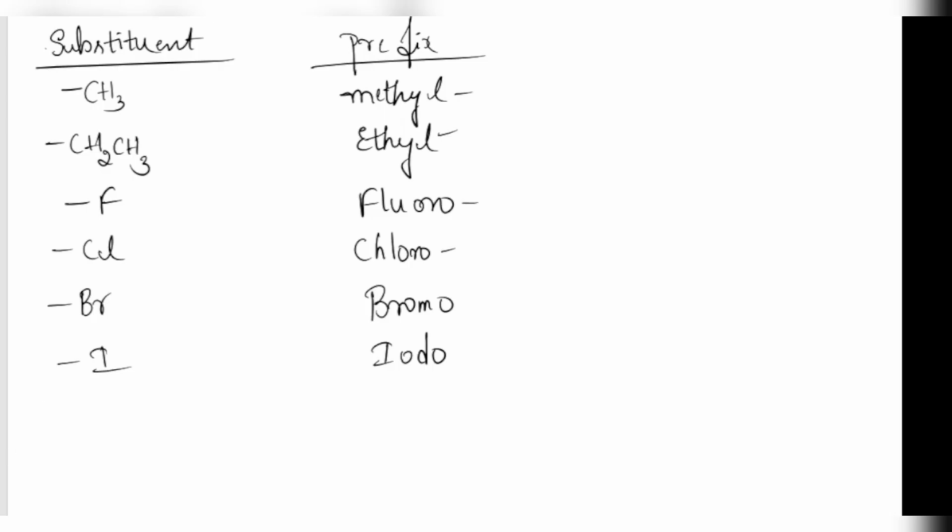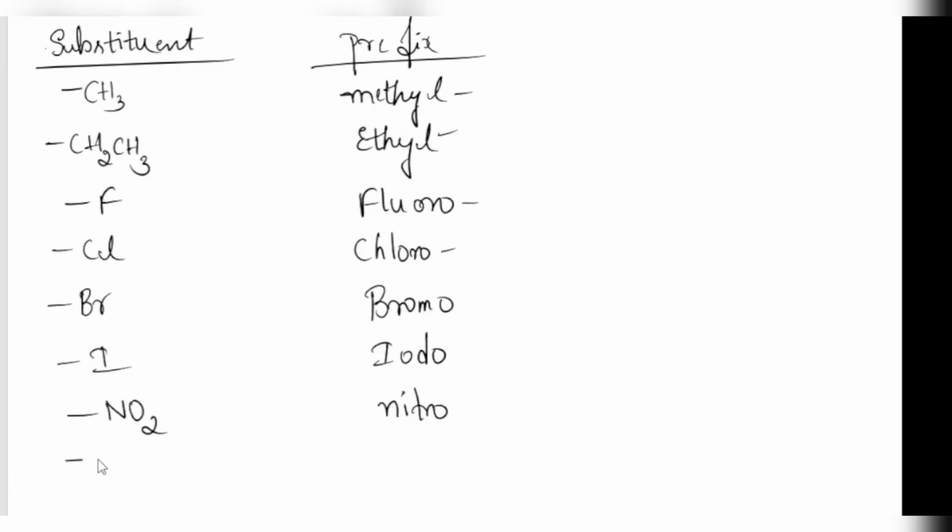Then a different substituent I will take, that is NO2, the nitro group. We will call it nitro. It is not a functional group. It has to be treated as a substituent only.